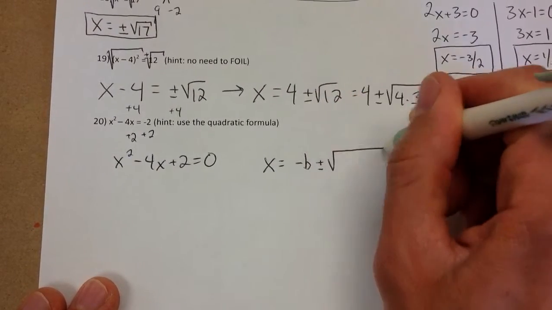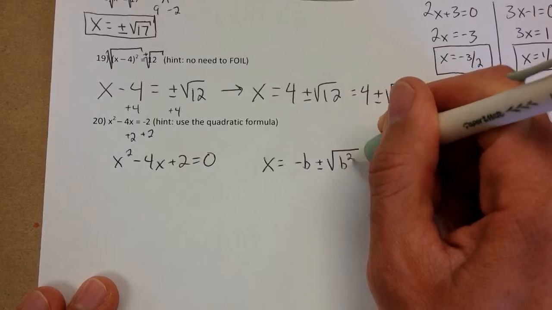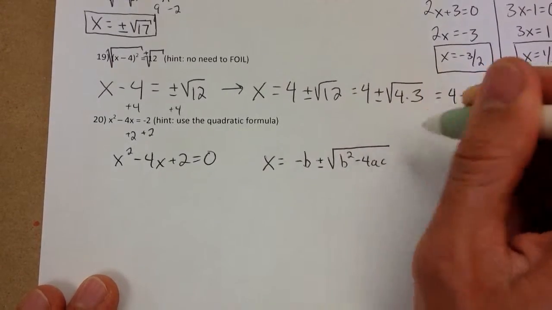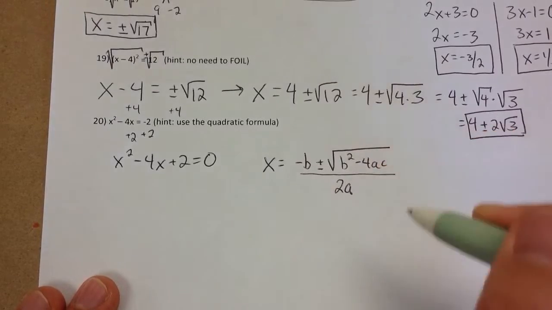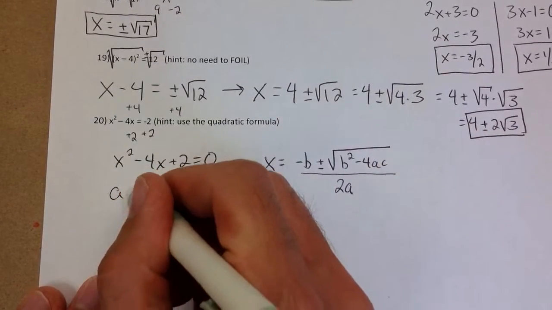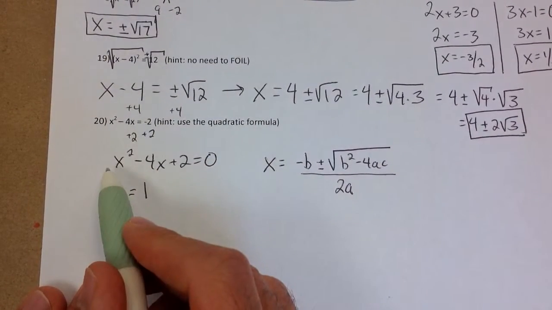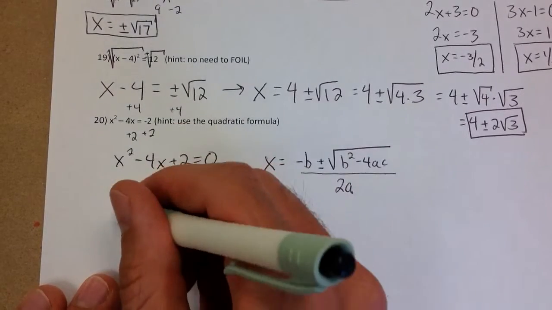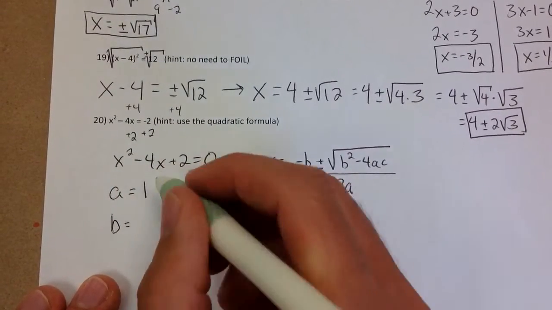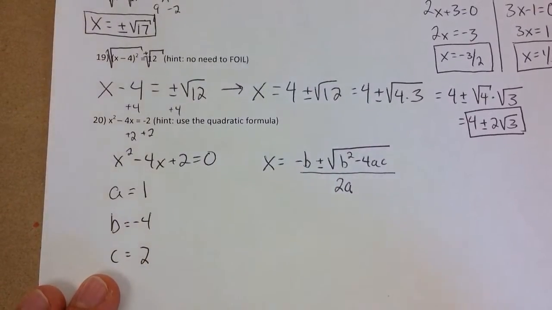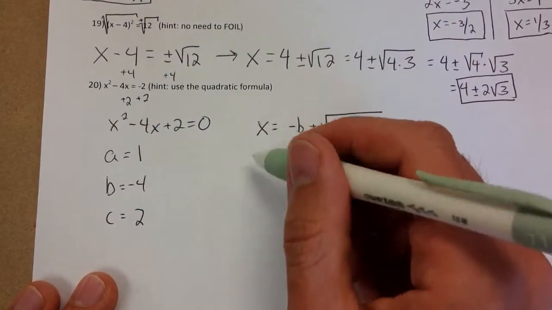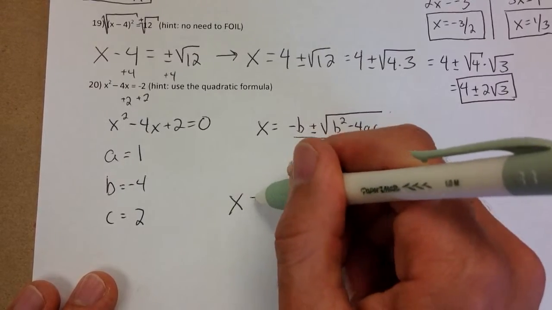Negative b plus or minus the square root of b squared minus 4ac all over 2a. In this case, a is 1. It's the coefficient of the quadratic term. b is negative 4. And c is 2.